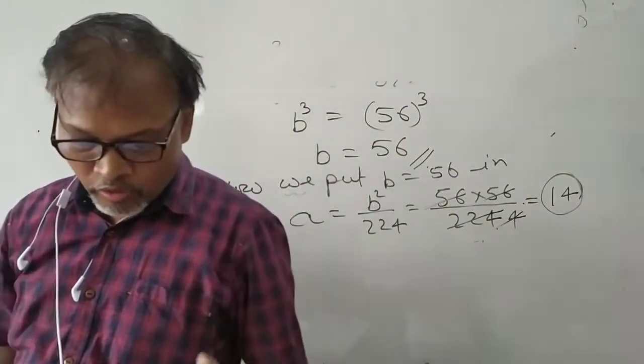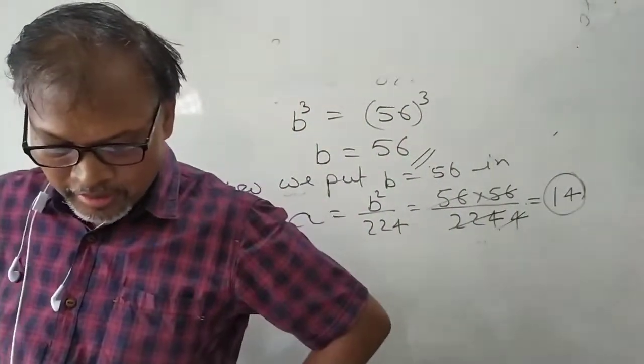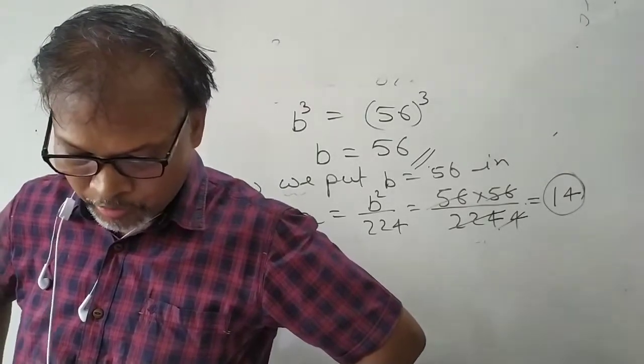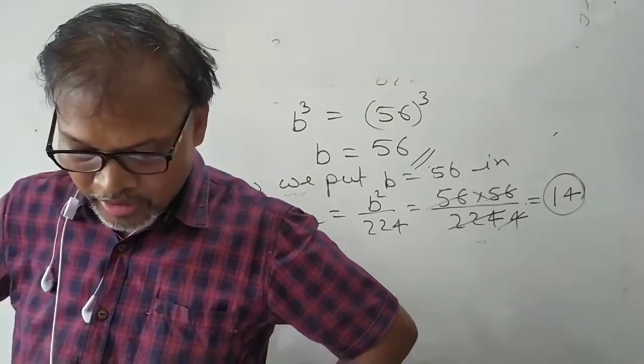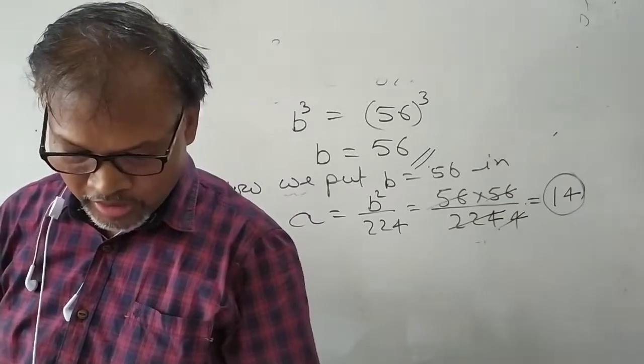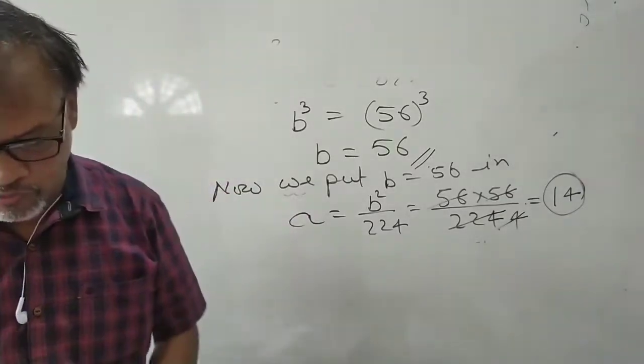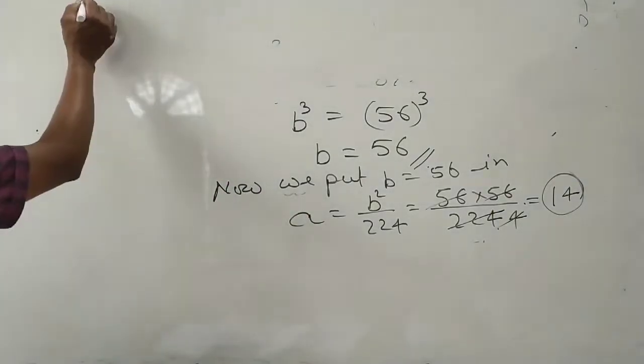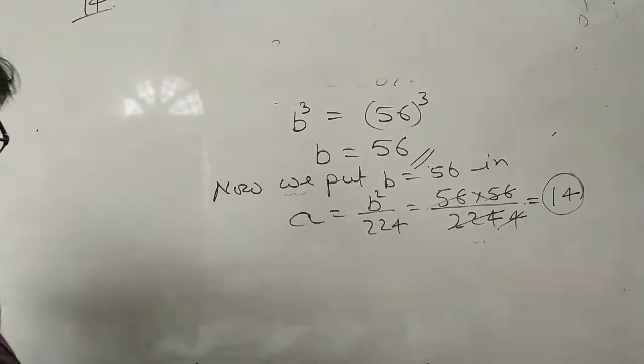I will tell you one more question of this that is based on the mean proportion. If, for example, question number 12, 13, 14, these are the same type of question. Now you see the 14th question.